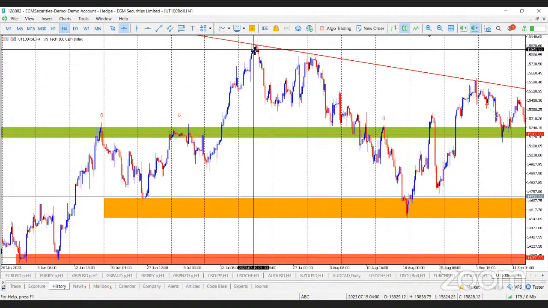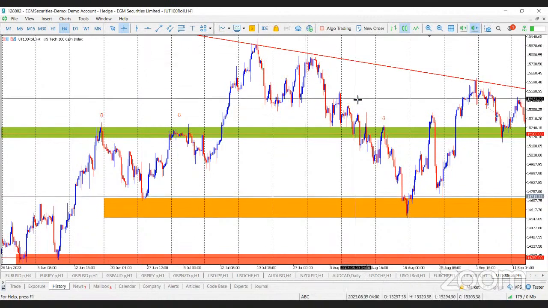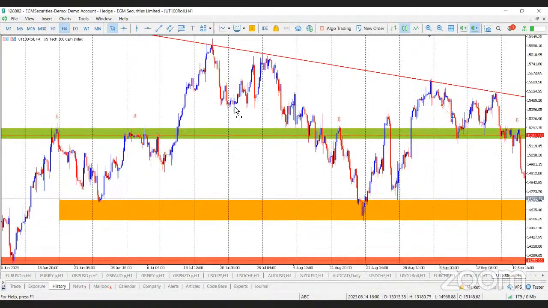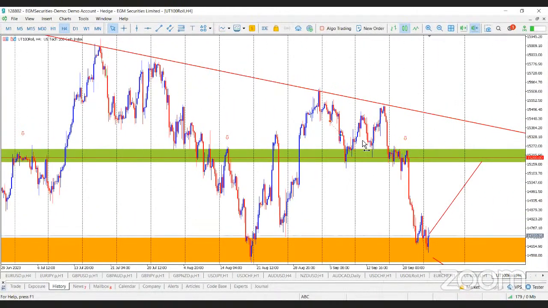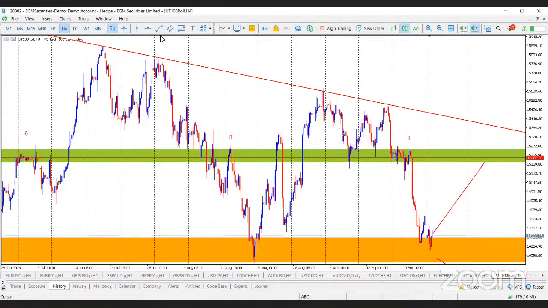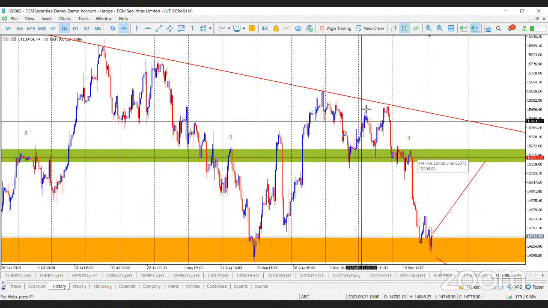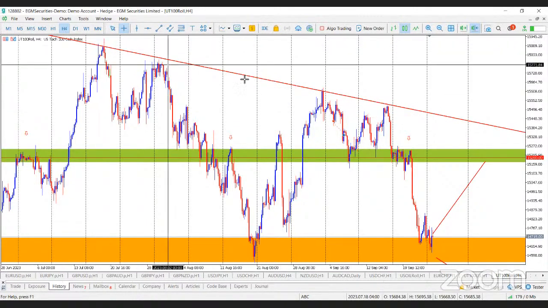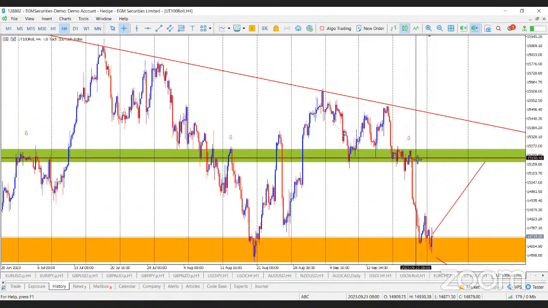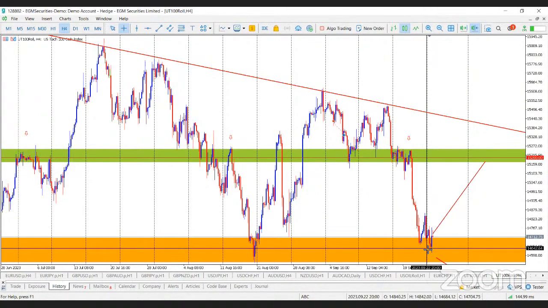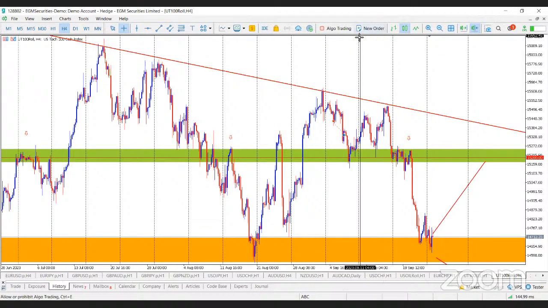Then it broke that zone, and over time, you'll notice it has been rejected severally, and price seemed to struggle dropping back from the upper trend line area. It struggled to break that zone, and once it broke, it's now back towards this area, which is currently serving as support.